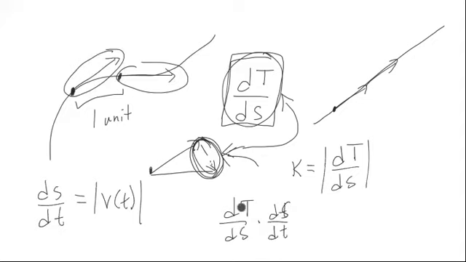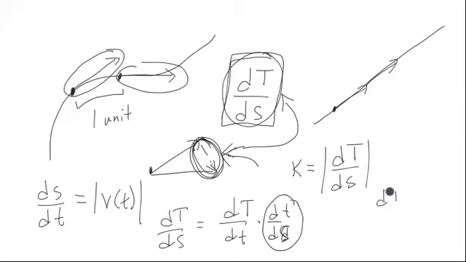We could also switch this up a little bit and think of dT/ds as dT/dt divided by ds/dt, the reciprocal, just putting it in the denominator.